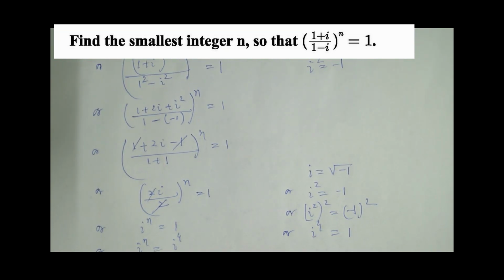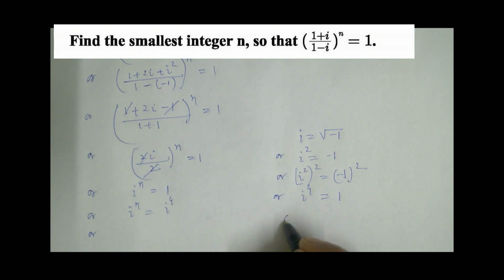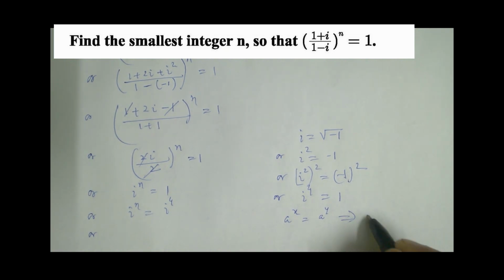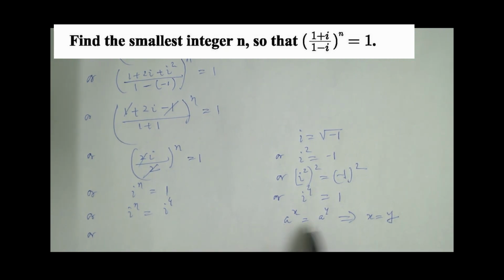Clear? Now see, there is a formula in the indices. What is that formula? a to the power x is equal to a to the power y, that means the bases are equal, implies that x is equal to y. We will apply this formula. Here the base is i, the bases are equal, so n is equal to 4.